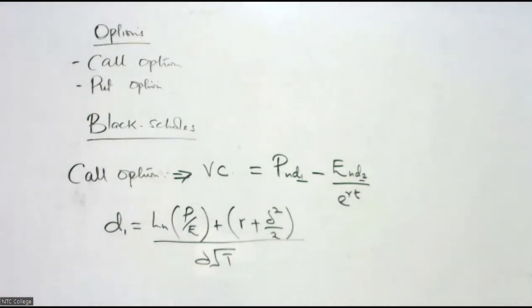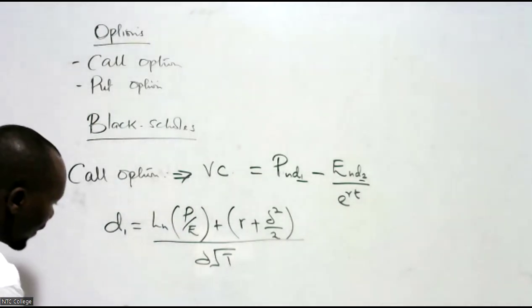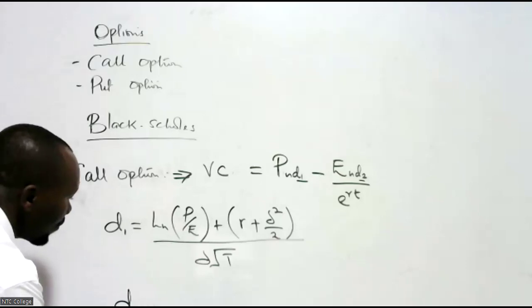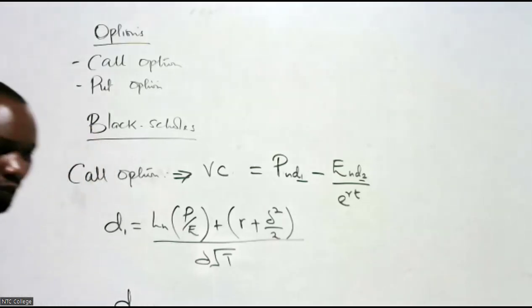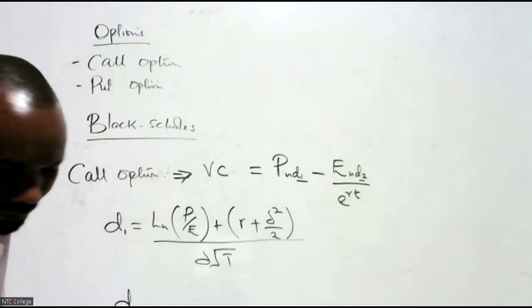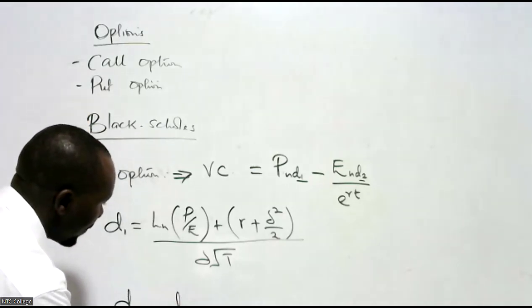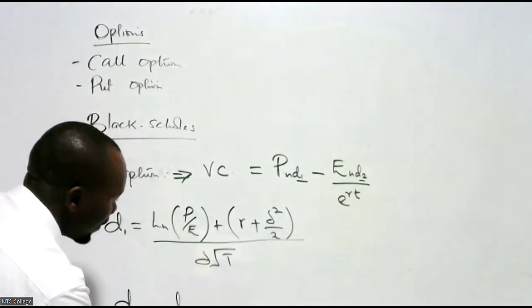So that is d1. Then d2 is equal to d1 minus this one here.